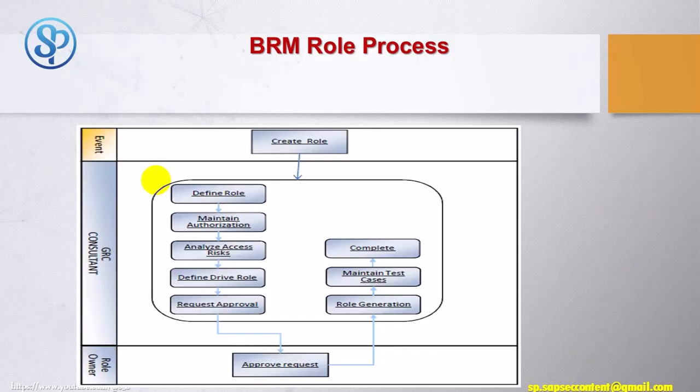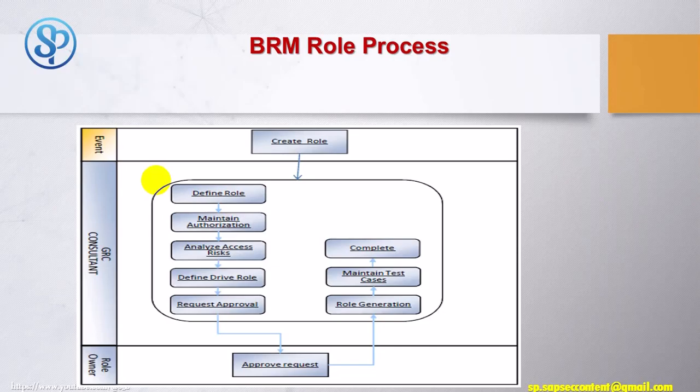Then maintain authorizations. Only the maintain authorizations step will go to the backend system PFCG screen. Once that is completed, save and generate the role, then we'll perform the risk analysis.